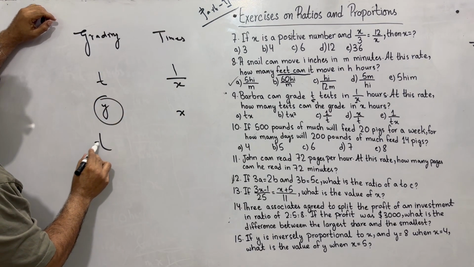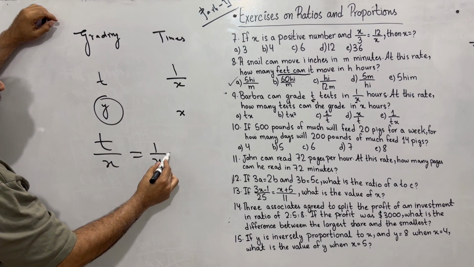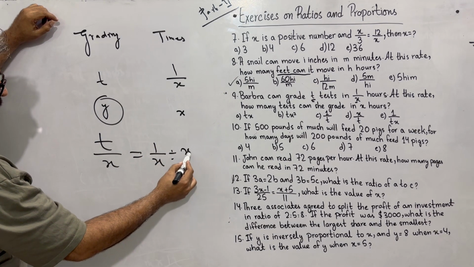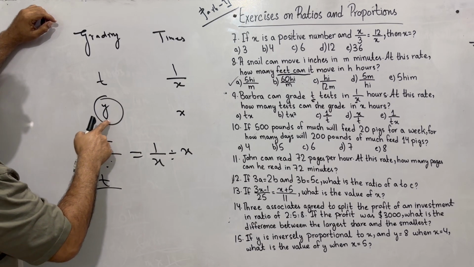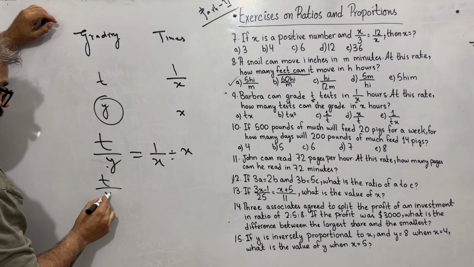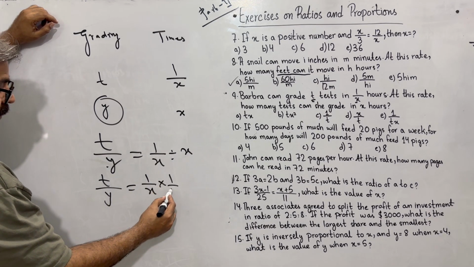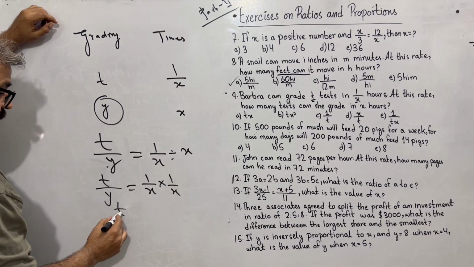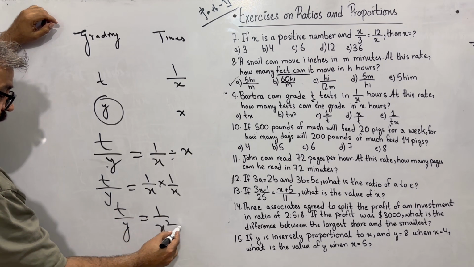Direct ratio: t over y is equal to 1 over x divided by x. That is 1 over x times 1 over x, so t over y is equal to 1 upon x square.